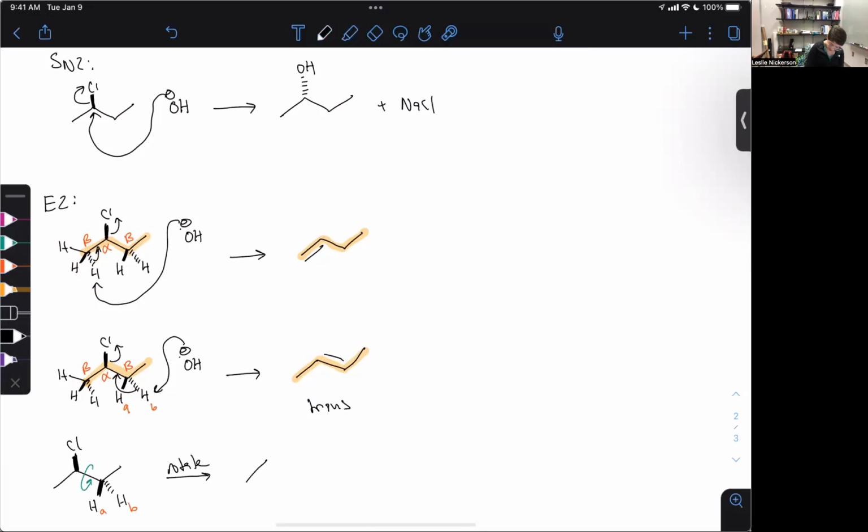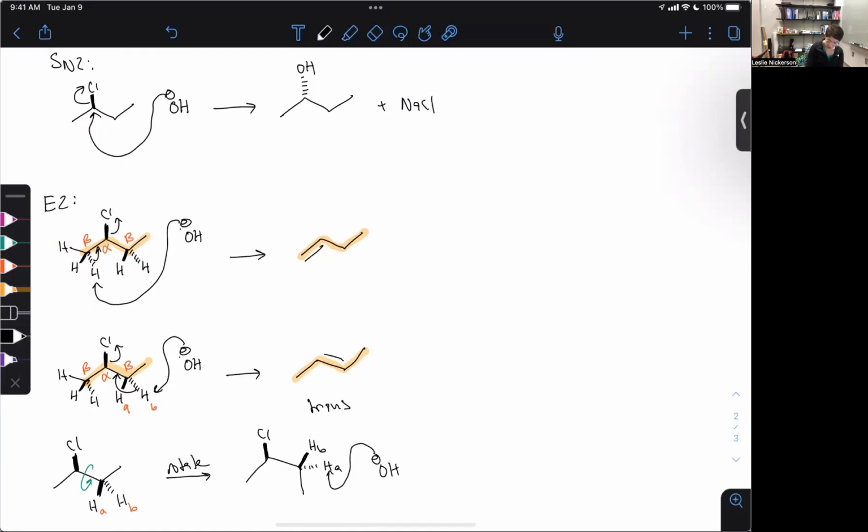Okay, so my first move here, I'm just going to keep the left-hand side of the molecule the same, so I've not touched the other side, and I'm just going to twist that methyl group to be down. So we go down, and that's going to push my H's around. So now HB is going to be on a wedge, and HA is now on a dash. So now my chlorine and my HA are anti.